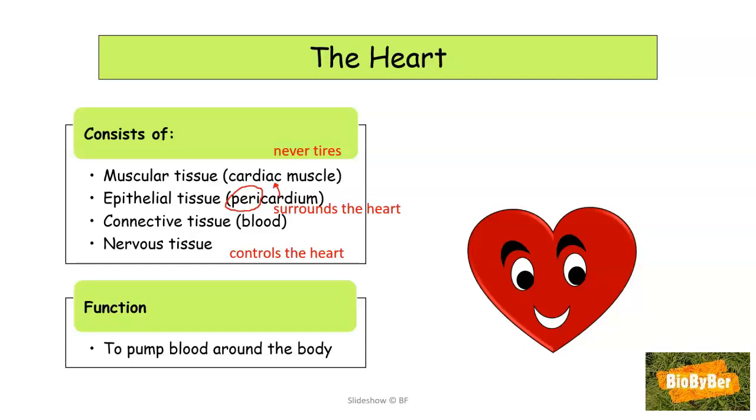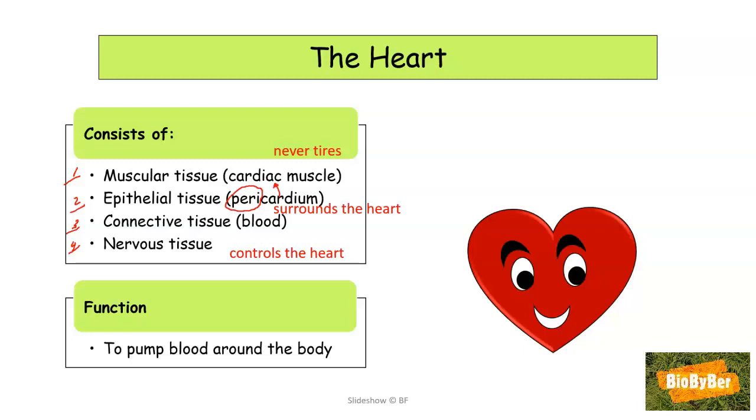So as we're using the heart as an organ to exemplify the definition of an organ, we have to be able to show that yes, it is composed of different tissues. We can see here muscular tissue, the idea of epithelial tissue. It is filled with connective tissue and consists of nervous tissue.